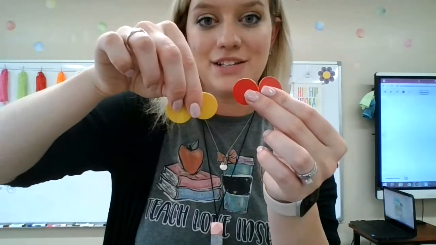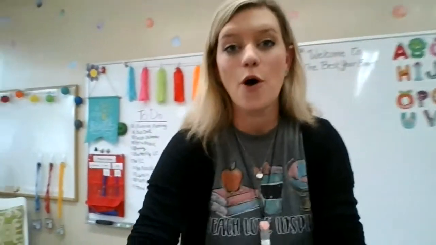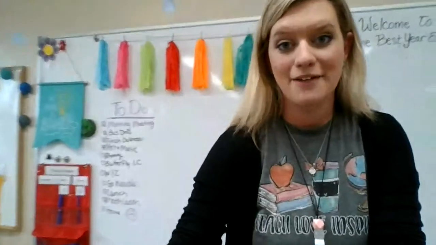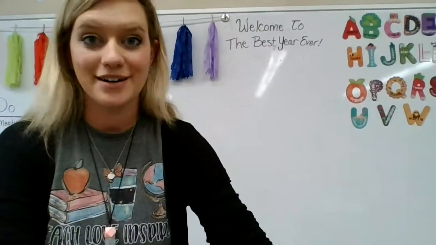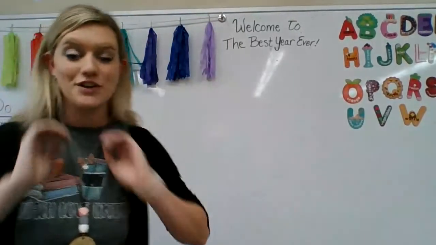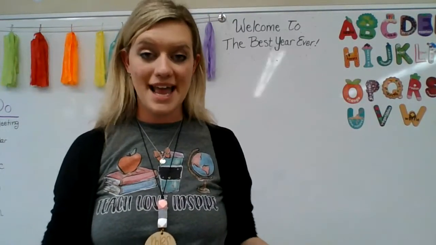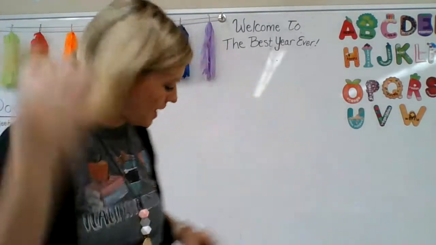But this time I took 2 red ones plus 2 yellow ones. So this time I did 2 plus 2 equals 4. The same answer. So that's my goal today, is to show you that there are so many different ways that you can make 4. And I'm actually going to show you kind of a cool pattern and kind of a trick on how to make the number 4 and 5 and how we can add to it, okay?